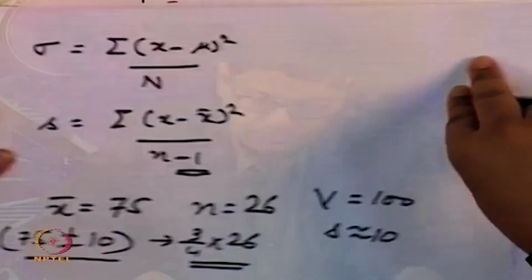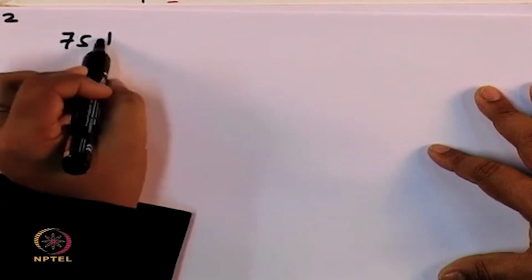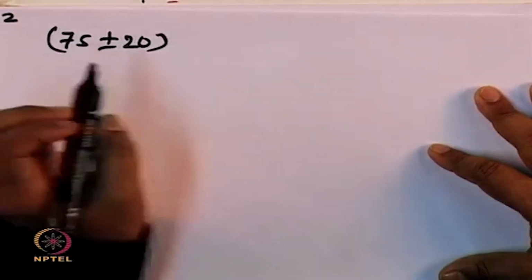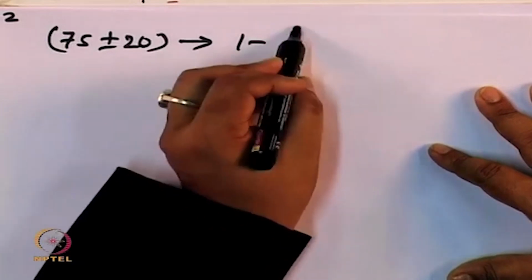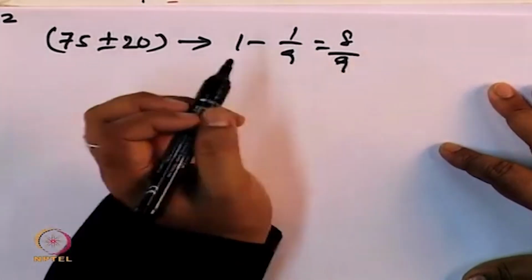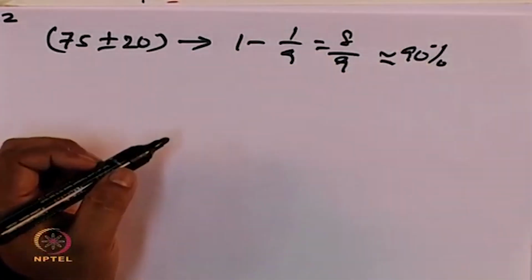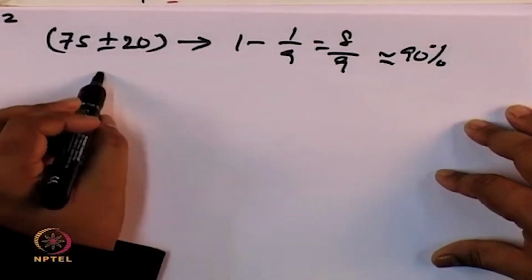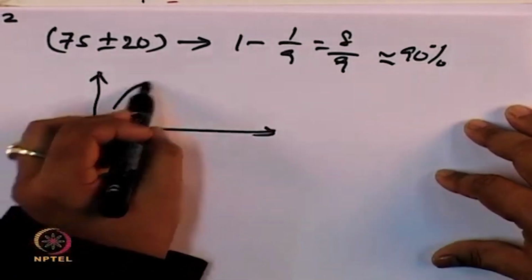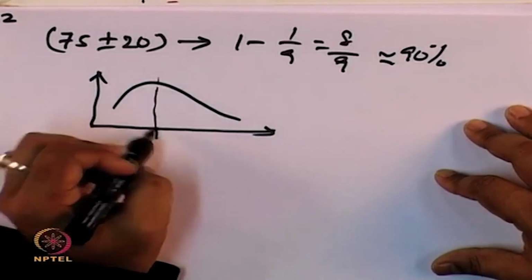Similarly, I can do the same thing for 2 standard deviations, and so 75 plus minus 20 in this case will contain 1 minus 1 by 9, that is 8 by 9 fraction of the population. 8 by 9 is roughly 90% of the population. But as I had stated in last class, for a generic distribution Chebyshev's theorem is actually a very conservative estimate.